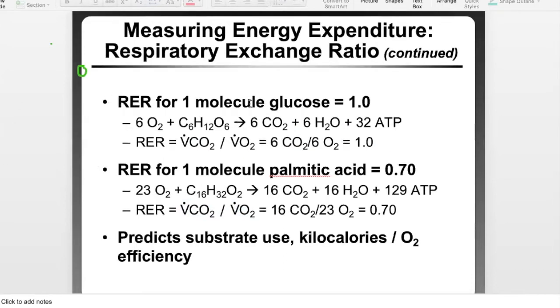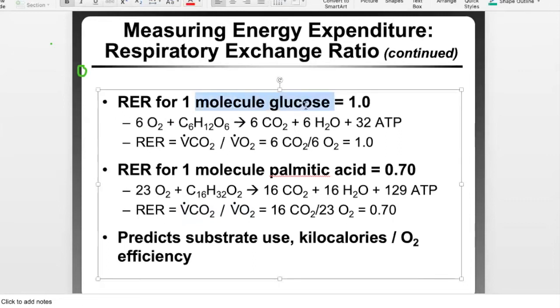So glucose is the simplest sugar. And because of that, we use glucose as the reference point for respiratory exchange ratio. And you'll notice here that here's 1 molecule of glucose, and it takes 6 molecules of oxygen to break this glucose down.